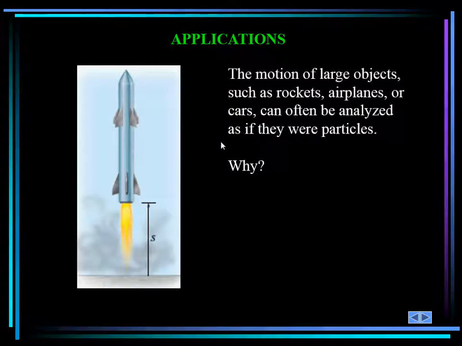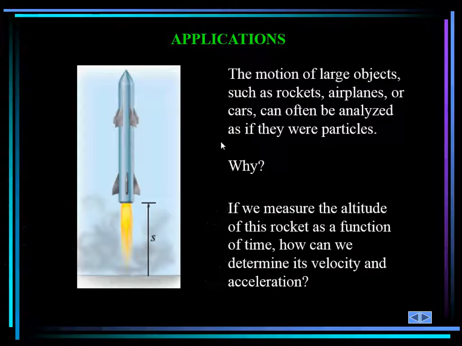The first one is that the motion of these objects can be characterized as a point mass motion, and we can analyze the motion of cars or rockets. In this case, if we measure the altitude, can we determine the velocity and acceleration?